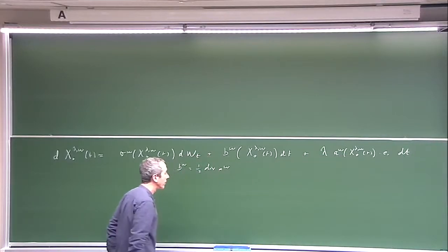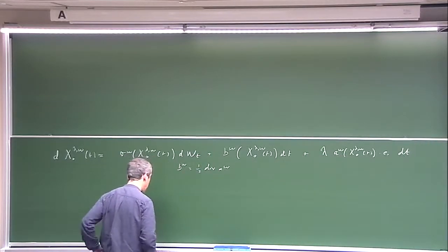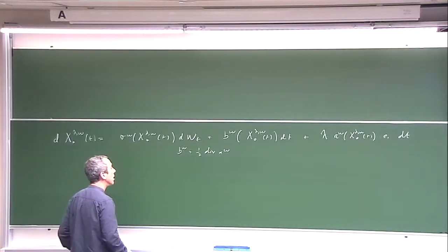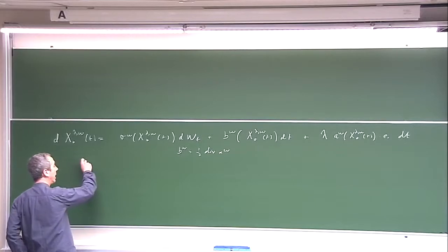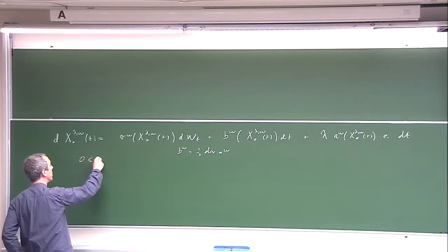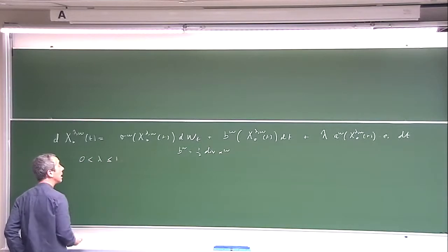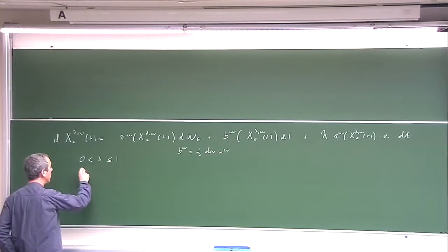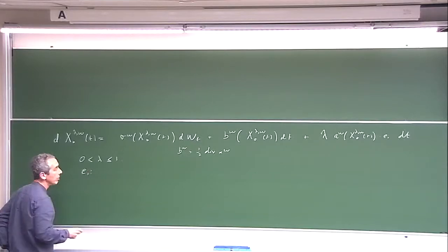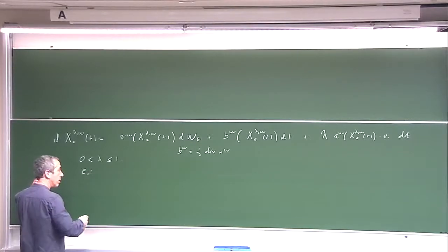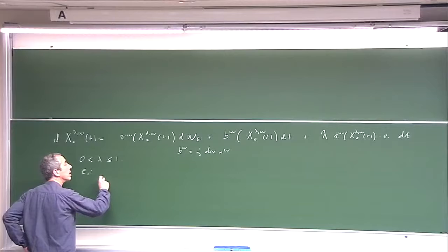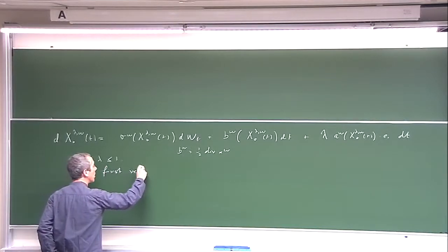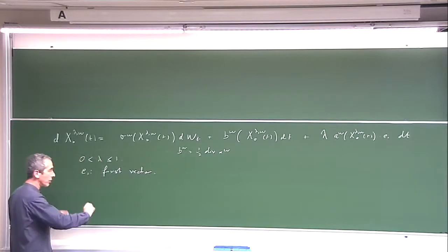And E1 is fixed. Lambda eventually will tend to 0. So anyway, I will always choose lambda smaller than 1. And to fix ideas, we'll take for E1 the first coordinate vector, which is not any loss of generality. Just for the drawings.